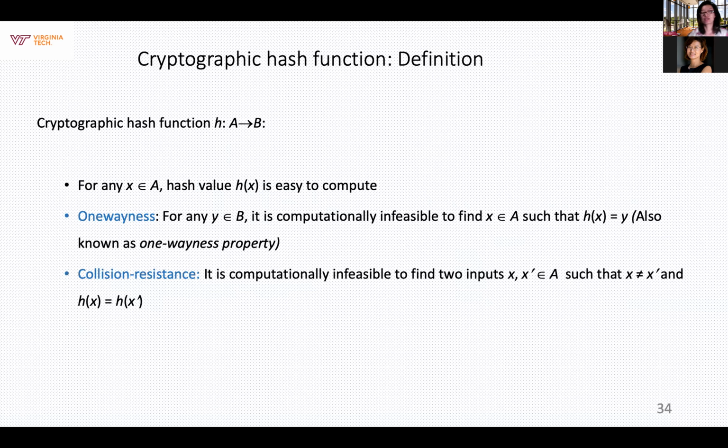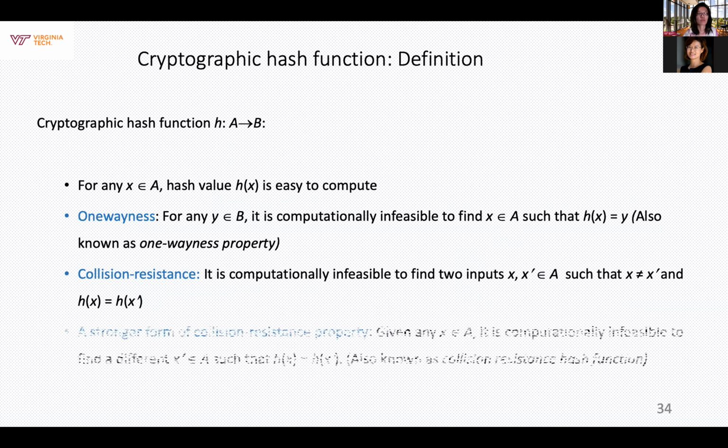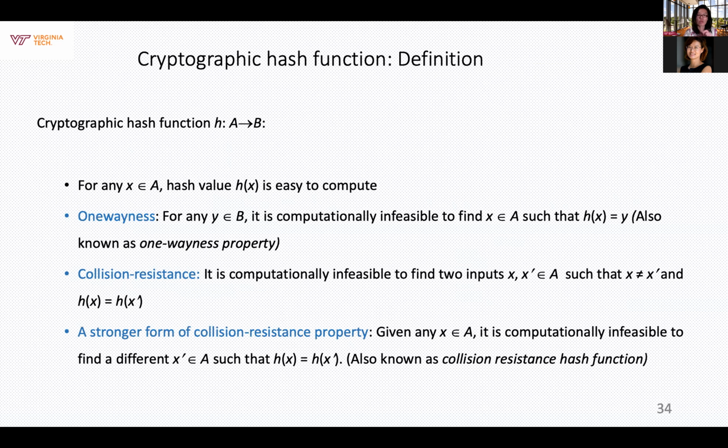The other is collision resistance, and this means it's very hard to find two inputs that produce the same hash value. Of course, this is the ideal property of a cryptographic hash function. The actual implementation may or may not have this property. A stronger form of collision resistance is that the attacker cannot pick a message that will collide with a specific target.